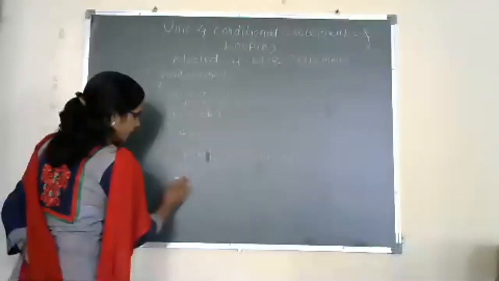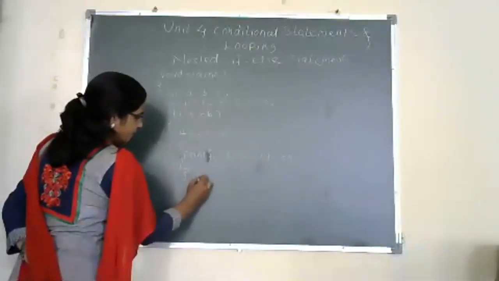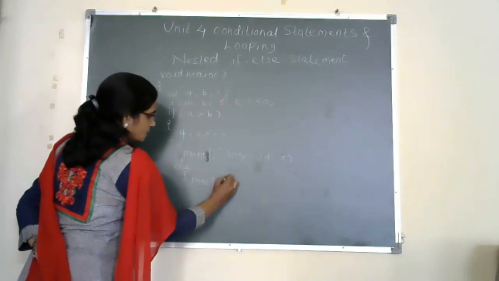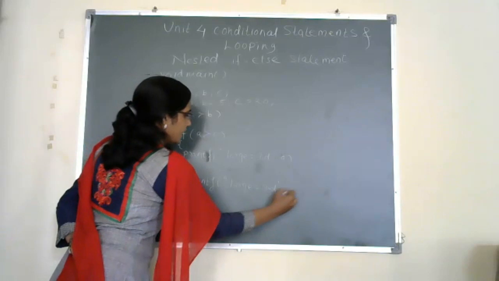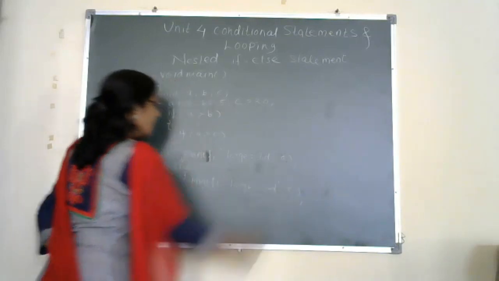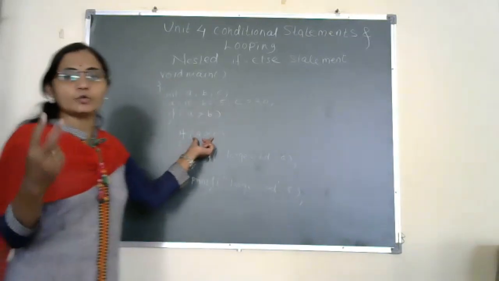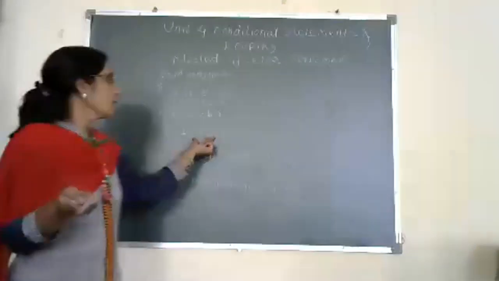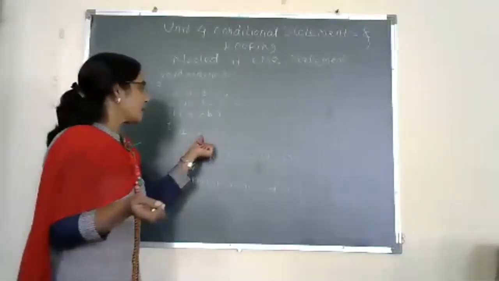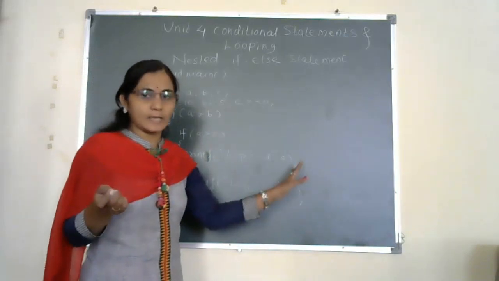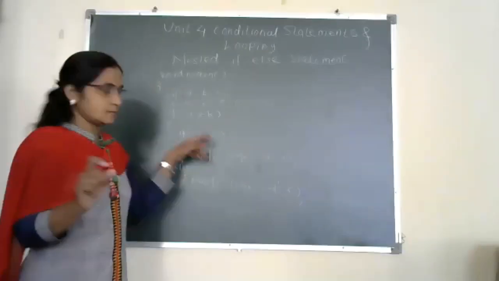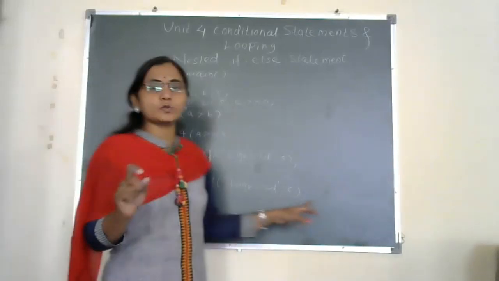Else, another statement: printf large equal to %d and C. Obviously C, right? Because you are comparing only two values here, A and C. If A is greater, then the output becomes large equal to A. If A is not greater, then the output becomes large equal to C.